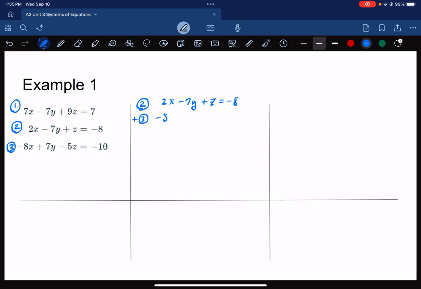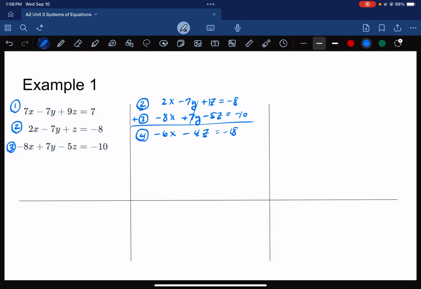And then negative 8x plus 7y minus 5z equals negative 10. Well, they're ready for elimination. So 2x and negative 8x is negative 6x. And then 1z minus 5z is negative 4z. And then negative 8 and negative 10 make negative 18. So I'm going to call this one equation 4.